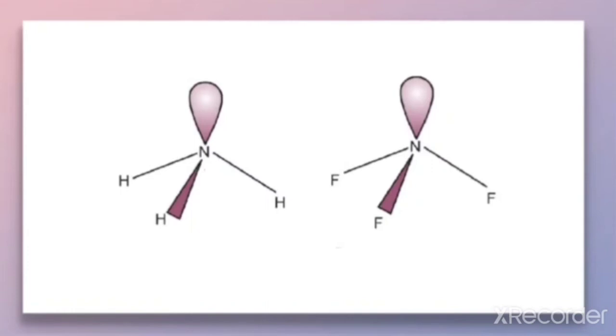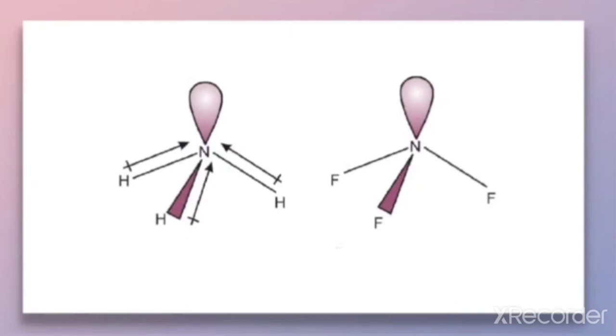Look at the structure, both structures are the same, both have 3 bonds and 1 lone pair. Now let us represent the bond dipoles for each. In the case of ammonia, because nitrogen is more electronegative than hydrogen, the bond dipole we can make in this way, that is towards nitrogen, because there is 1 lone pair here.